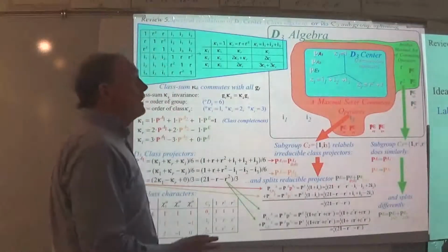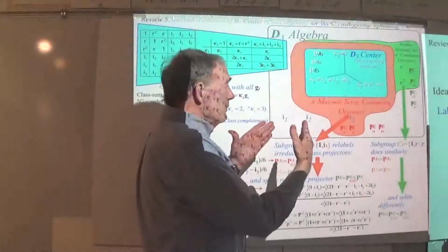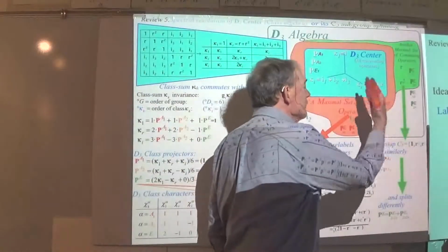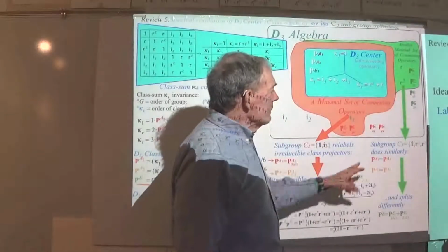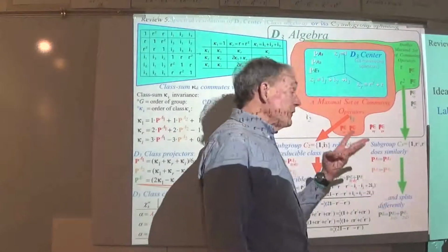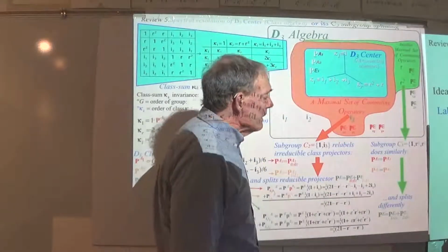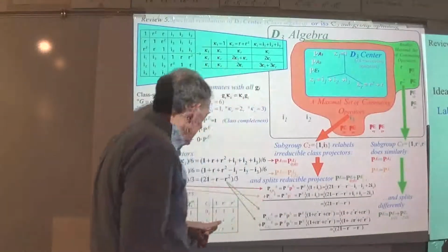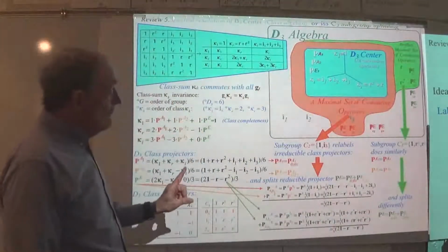There's an infinite number of other ways, but the most opposite to this particular way is this green one. And that means you're using a subgroup C3 with its projectors. It has 3 projectors, but only 2 of them are relevant, and it splits this projector here, PE, the bottom row here, the 2-dimensional projector.